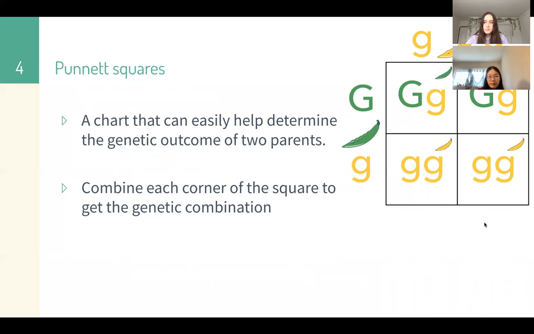So for the first parent, you can see they have the lowercase g and lowercase g alleles, and the other parent has the uppercase G and the lowercase g. And you would basically combine the different alleles that each parent has and see what outcomes are possible for the offspring. And those are shown inside the squares.